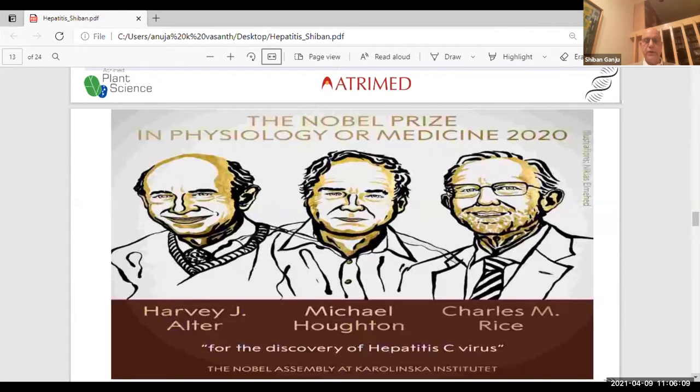Because of these three gentlemen, this non-A, non-B hepatitis was found to be another virus called hepatitis C virus. They saw the virus and saw the structure and discovered the mode of transmission. Next, please.